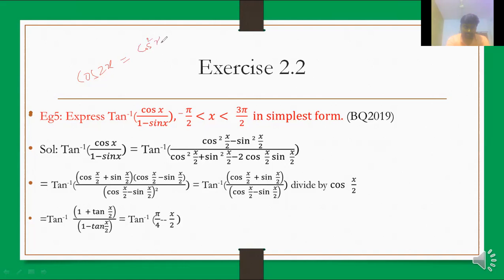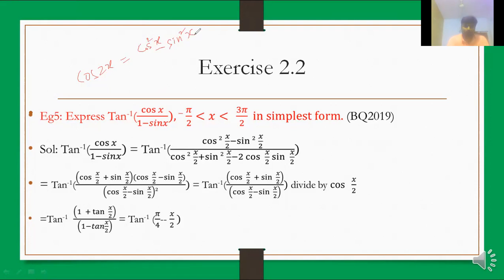So the cos 2x formula equals cos square x minus sin square x.